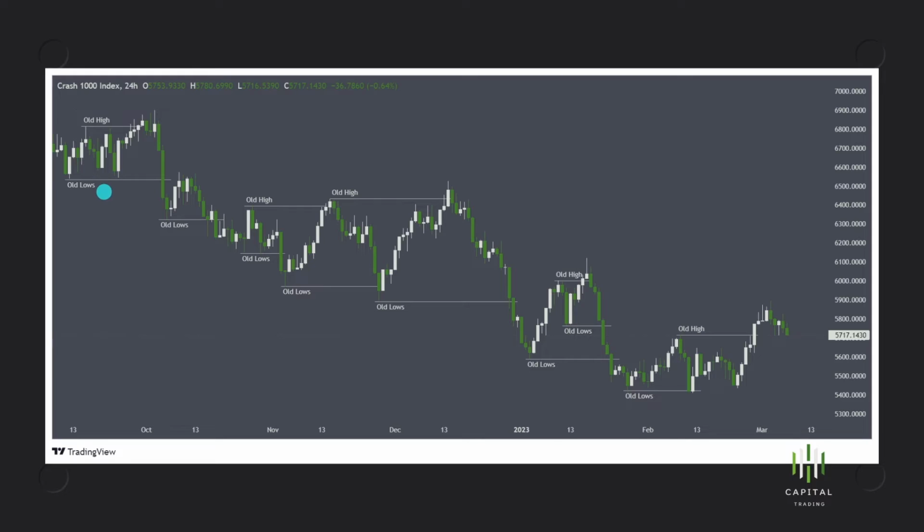I think if I look at this, I see a breaker block. If you don't know what a breaker block is, go watch episode 2. They continued to drop on the downside. Then when they took out this old low, they found support on some level here.